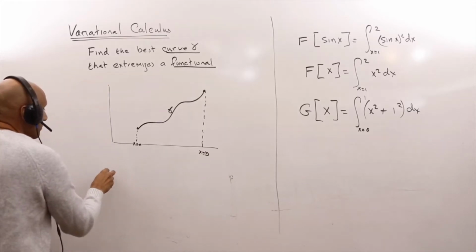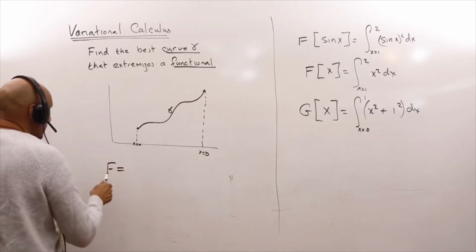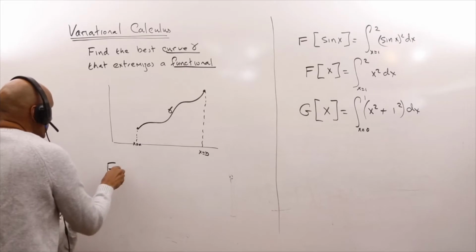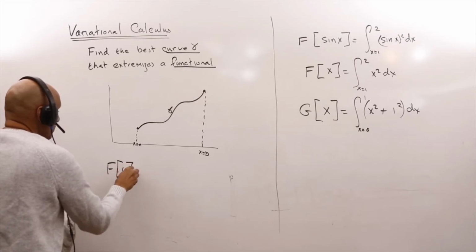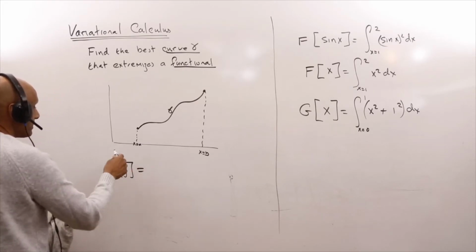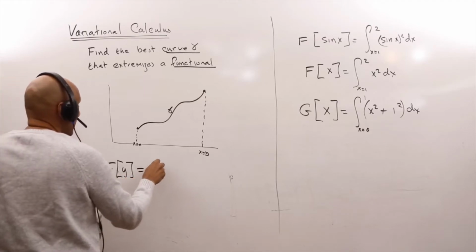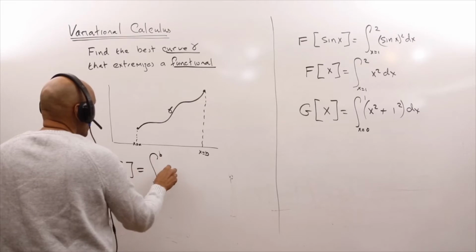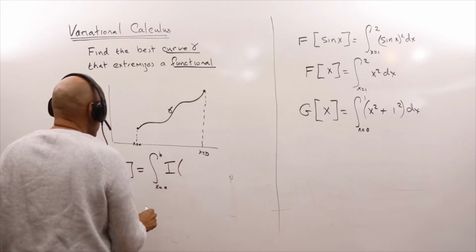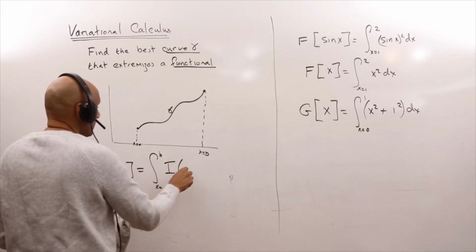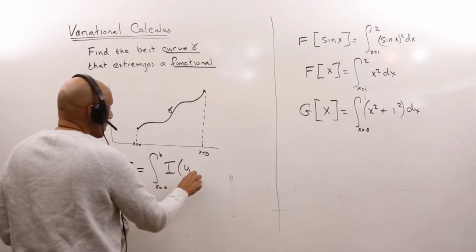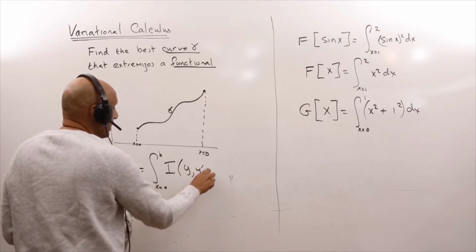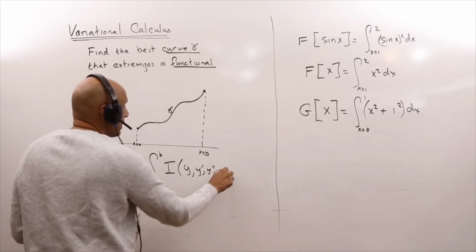And our problem is, we define a functional that takes a curve y equal to some function of x, and it calculates from x equals a to b some integrand. So here's our integrand, that might be a function of y, might be derivatives of y, might be even higher derivatives, but whatever it is.